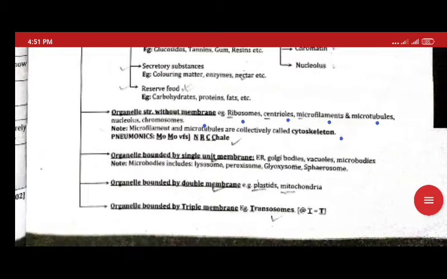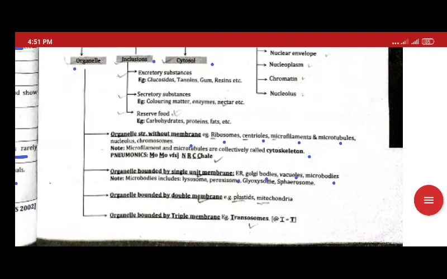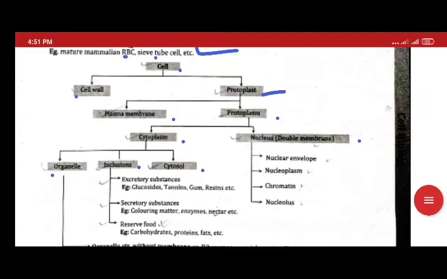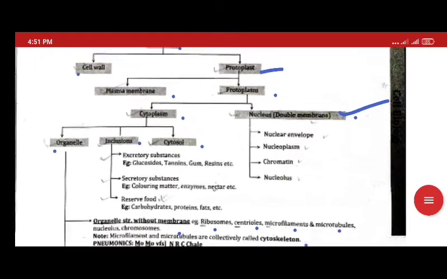Now organelles bounded by a single unit membrane are ER, Golgi body, vacuoles, microbodies, this type. Single membrane. Now with double membrane we have plastids and mitochondria. Now with triple membrane is tonoplast. So T for T. You should remember this. This is the exception. Now the nucleus is also double membrane but is not included under organelles.